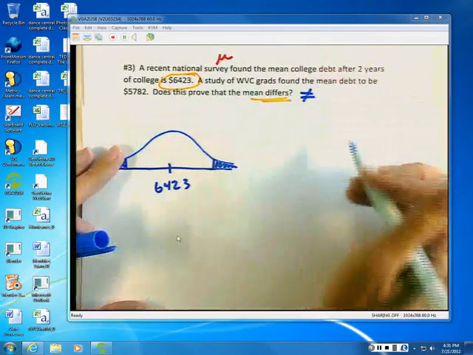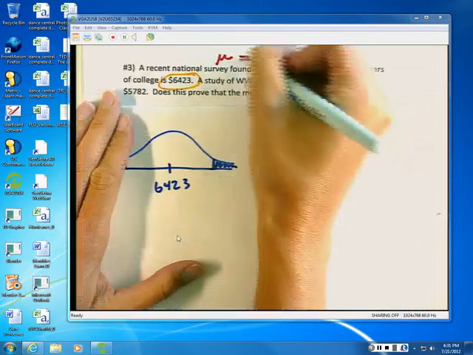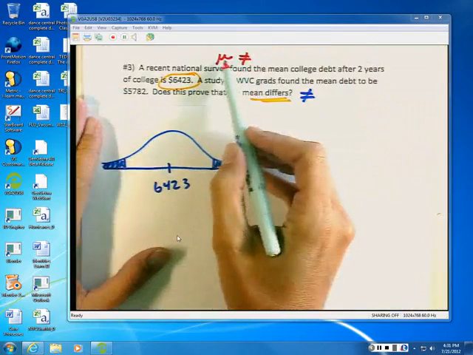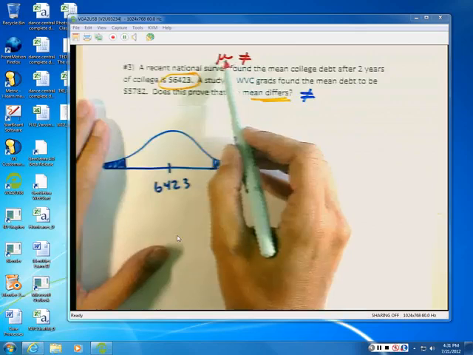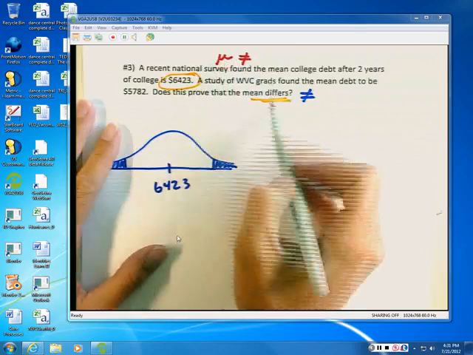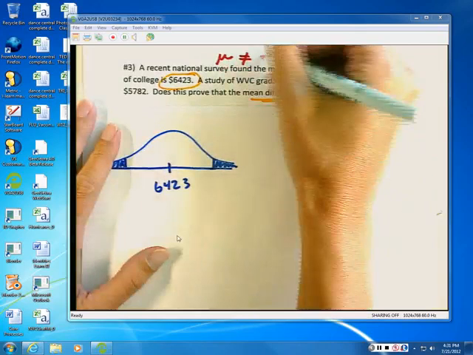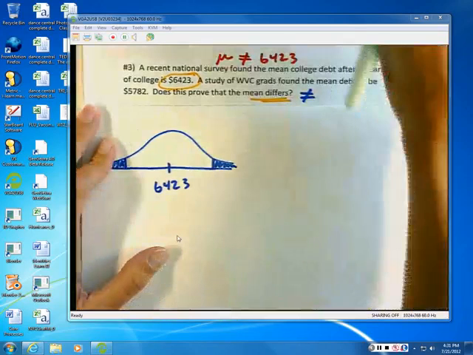So we're looking at mu not equal to, and I always use those parameters, those population symbols in my hypotheses. So mu, is it different? So mu is not equal to, so it differs from the 64.23. If I look at my chart, I have a not equals.